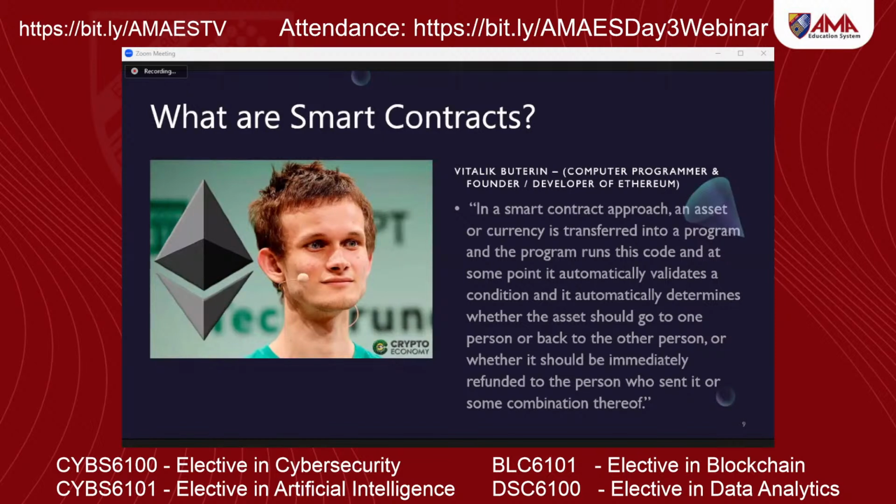In a smart contract approach, an asset or currency is transferred into a program, and the program runs this code, and at some point, it automatically validates a condition and it automatically determines whether the asset should go to the one person or back to the other person, or whether it should be immediately refunded to the person who sent it or some combination thereof.